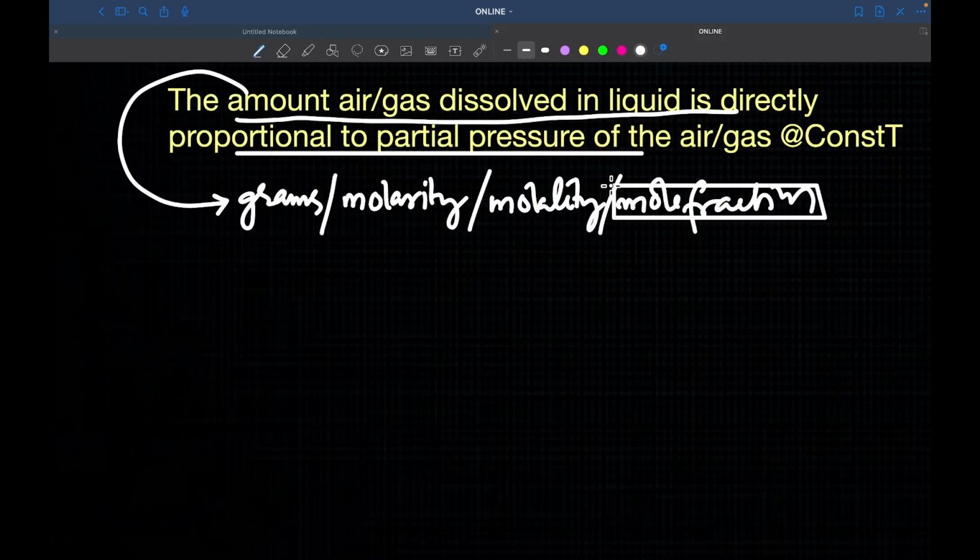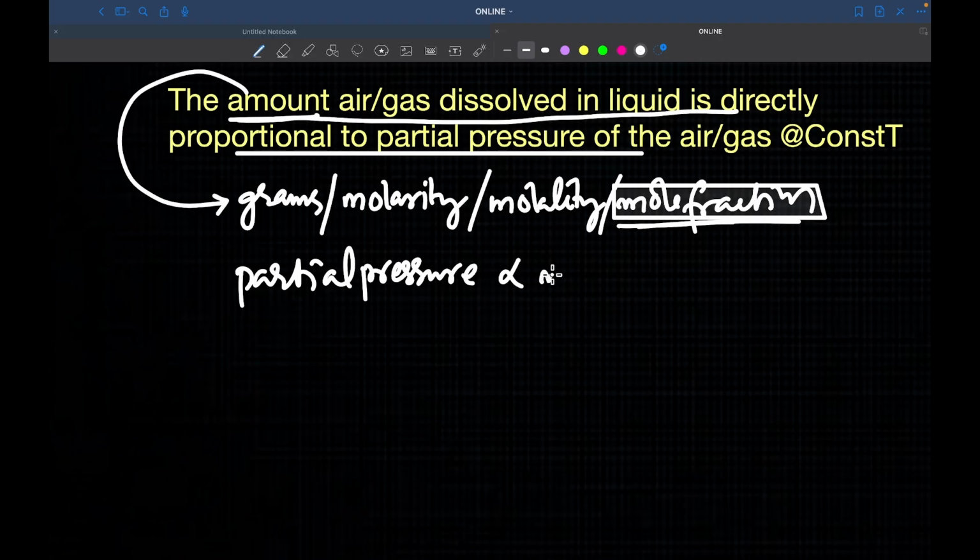So what I'm going to replace here, I'm going to replace the amount by mole fraction of the gas, right? So the mole fraction of the gas dissolved in water is directly proportional to the partial pressure. Partial pressure is directly proportional to mole fraction of the gas. I'll write it clearly. Partial pressure is applicable to only gases.